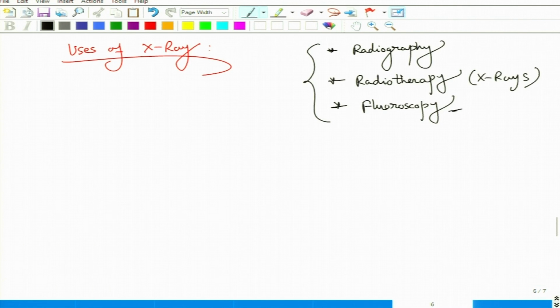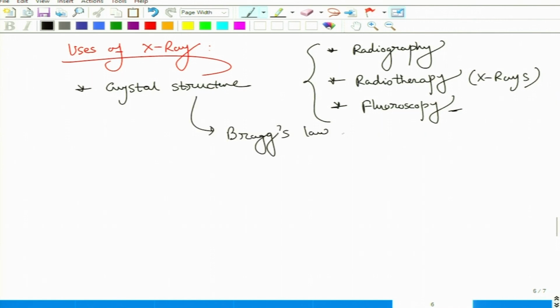Now other important uses: X-rays are used to analyze the crystal structure. As I discussed earlier, X-ray makes diffraction when it interacts with the crystal structure of a solid. In that case there is a famous law, Bragg's law, which says that n lambda equals 2d sin theta.